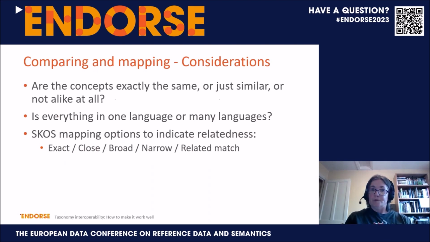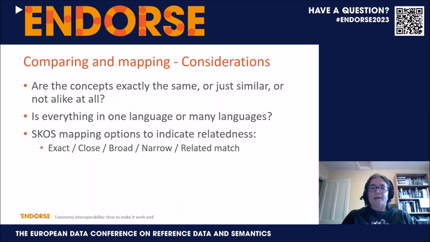And then, many of you will know if you're working in multiple languages, you've got that extra layer of complexity. Because in many places, concepts might be untranslatable or just very hard to translate back into the language you're working in.